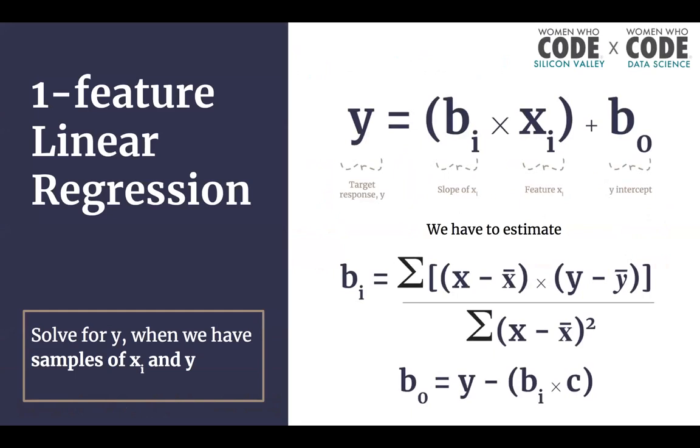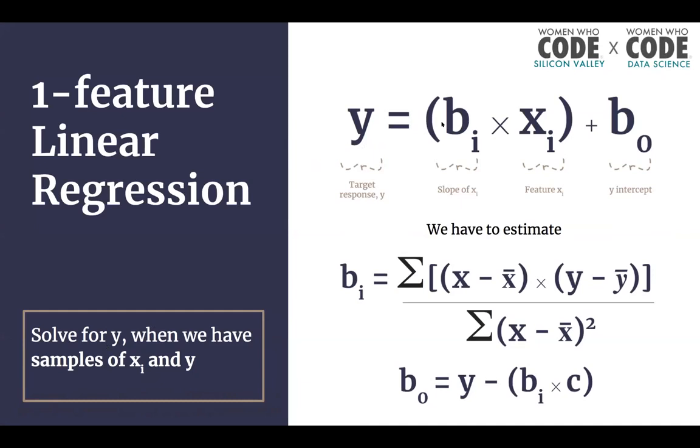So now we know that for one feature linear regression, this is the formula. So you solve for y when you have samples of xi and y. Solving for y basically means you're solving for a function f of x, which is equal to y. You're solving for what f of x actually is. So that's what solving for y means.